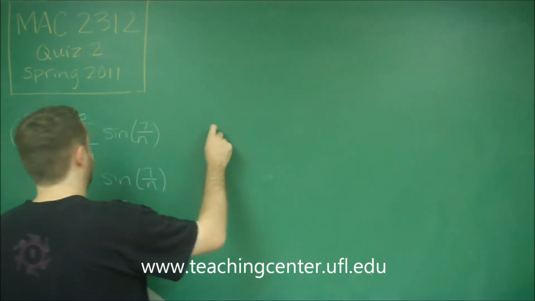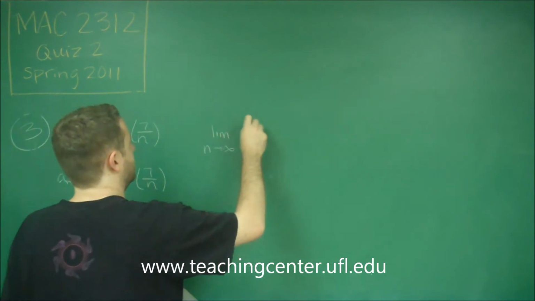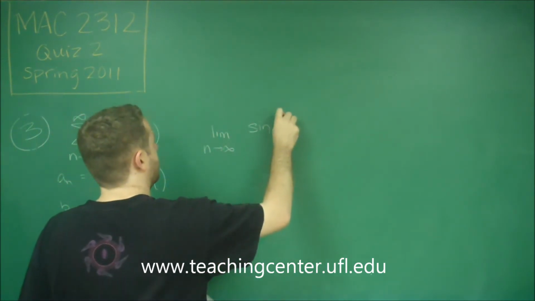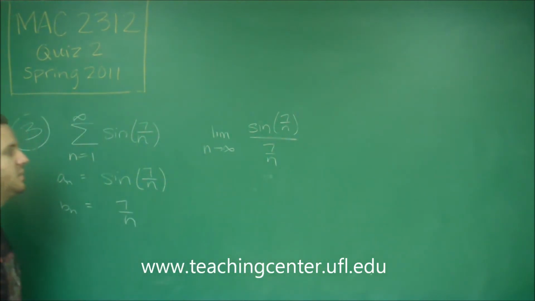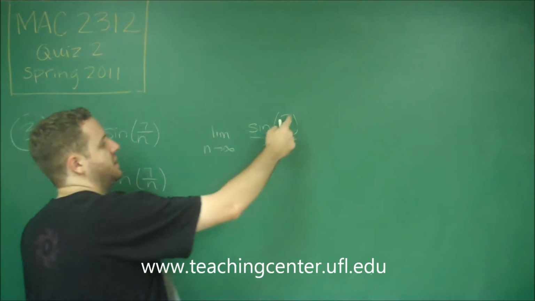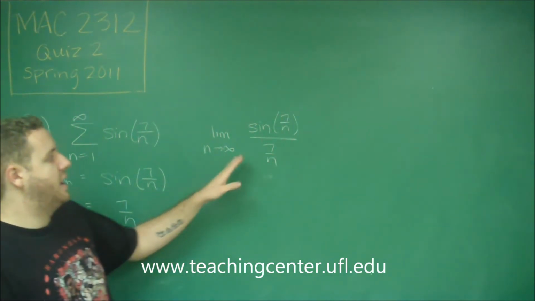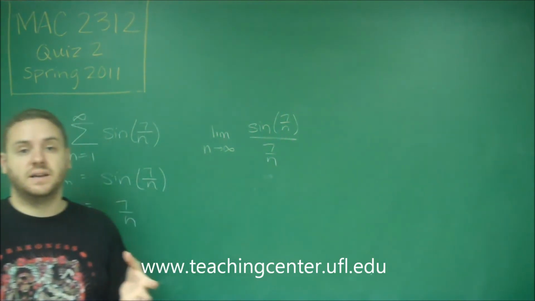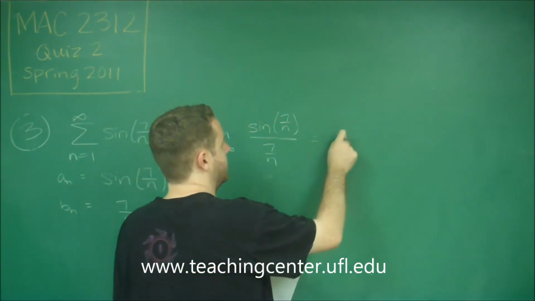So limit comparison test says if you take the limit as n goes to infinity of sine 7 over n over 7 over n, we'll be able to tell what's going on here. As n goes to infinity, these quantities are going to 0, so you effectively do have sine x over x as x goes to 0. This is clearly going to be 1.